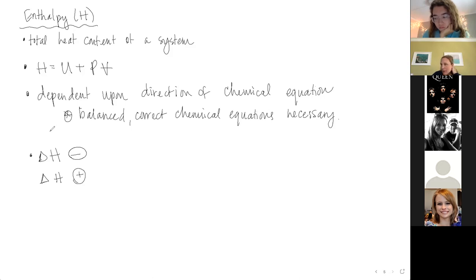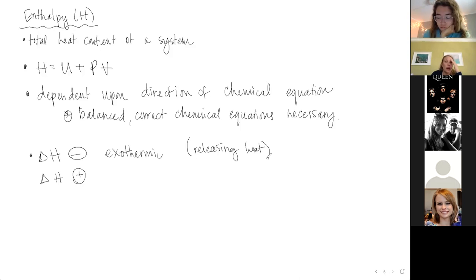No, I guess maybe I'm not phrasing this correctly. So when we have a delta H that's negative, we call this exothermic. So this is releasing heat. This is hot to the touch, it's releasing heat. Your change in the total heat content of your system is negative because you are releasing heat out of the system.